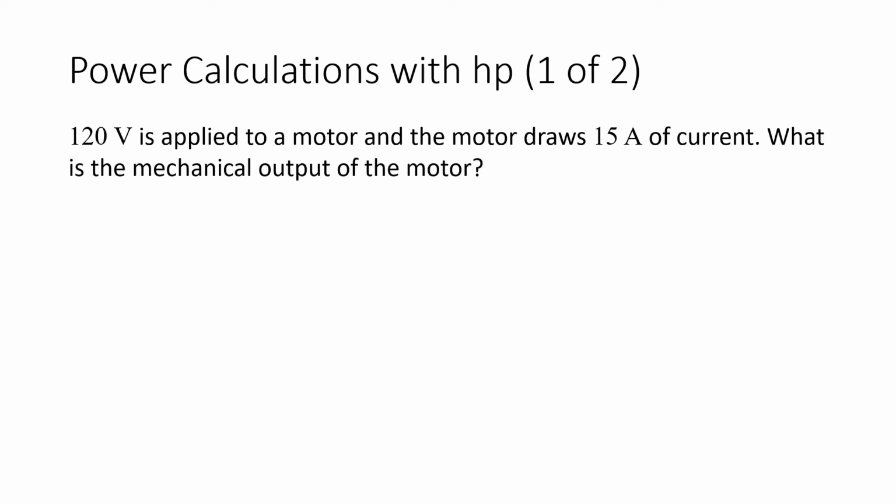Now let's look at a few examples. 120 volts is applied to a motor and the motor draws 15 amps of current. What is the mechanical output of the motor?